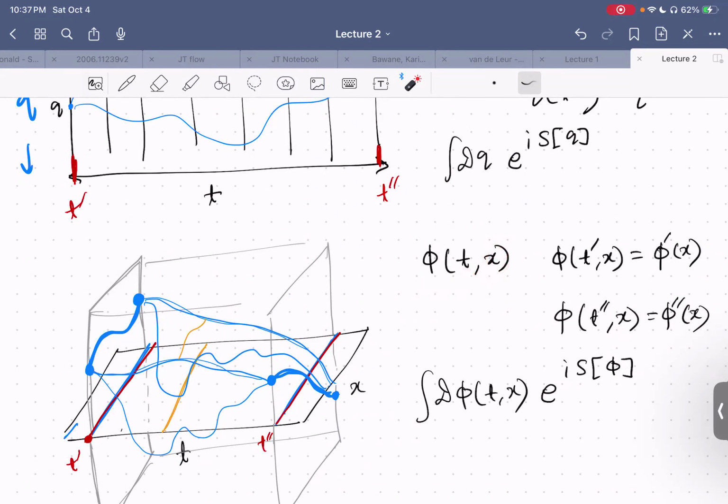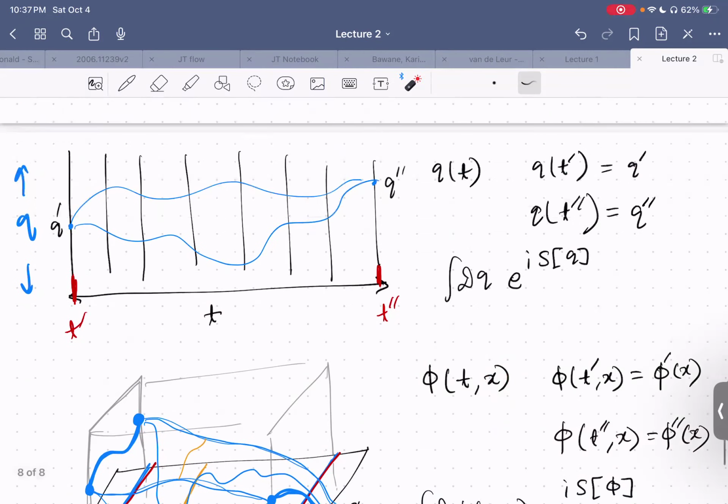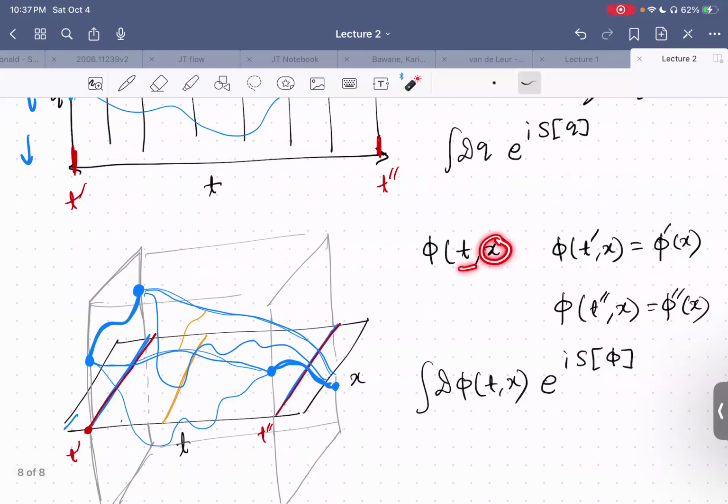Here, there was just a function of time that was evolving. Here, we have a function of x that depends on time, and this function is evolving. And at each fixed time, we can visualize this function of x as you would visualize any one-dimensional function.